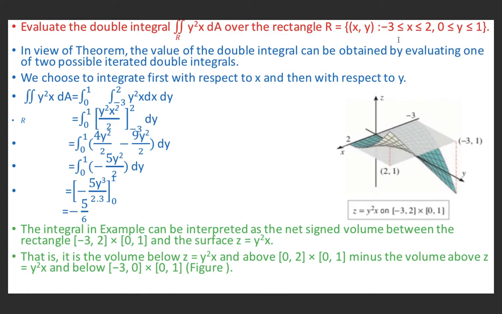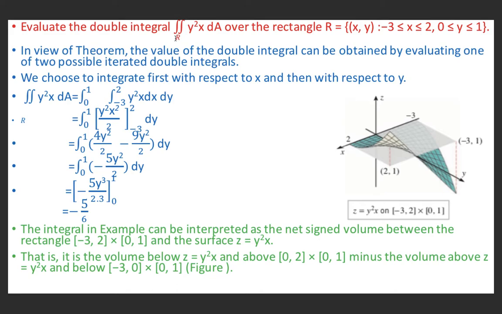Here x varies between minus 3 and 2 and y varies from 0 to 1. So in view of the theorem, the value of the double integral can be obtained by evaluating one of the two possible iterated double integrals. So we choose to first integrate with respect to x and then with respect to y. We can select the reverse of this also.